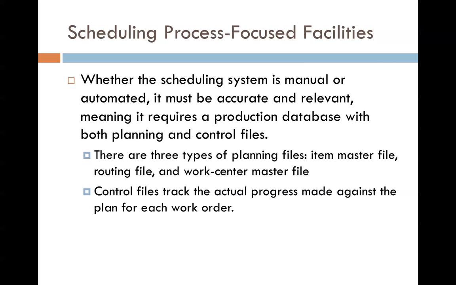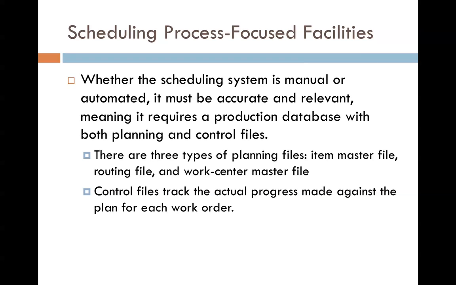Whether the scheduling system is manual or automated, it must be accurate and relevant. This means it requires a production database with both planning and control files. 3 types of planning files are an item master file, which contains information about each component the firm produces or purchases.